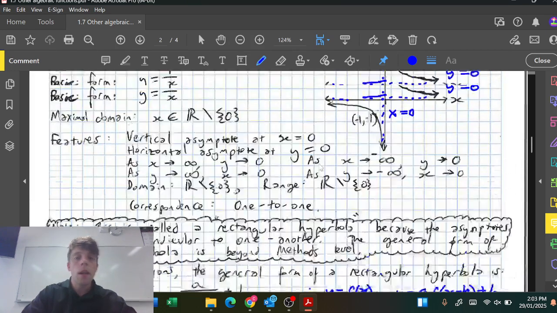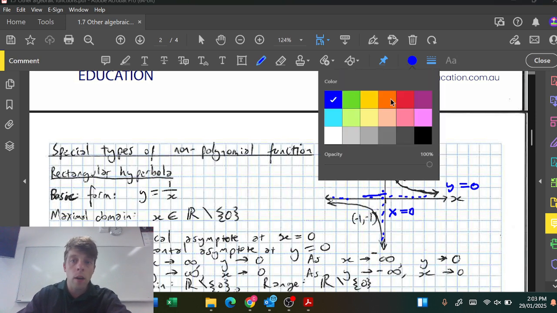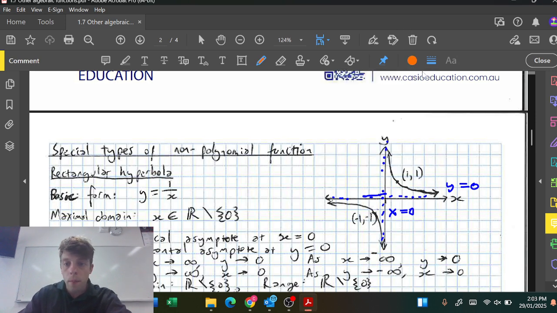So for example, if this graph over here gets shifted up, and now instead of being where it is currently, I'm going to put it up somewhere over here. So let's say that's now our asymptotes. So we've shifted that graph over here. Now we have the vertical asymptote occurring at, I think I've got these two the wrong way around, so that should be, no, that's right, that's all good.